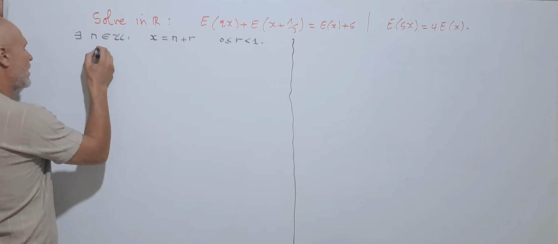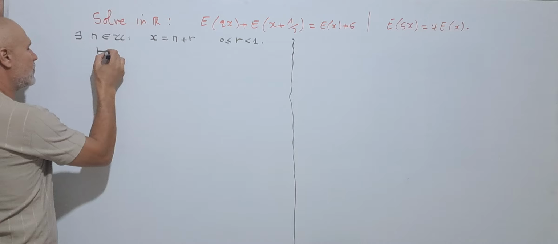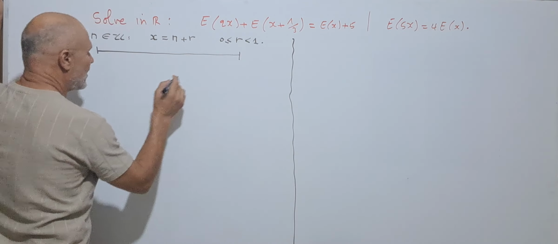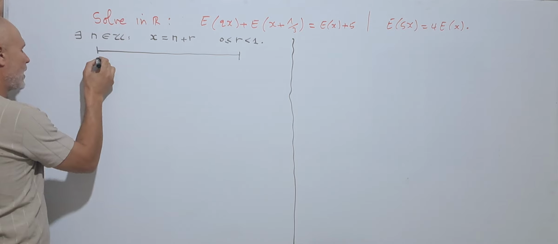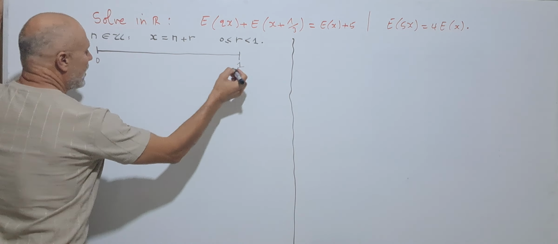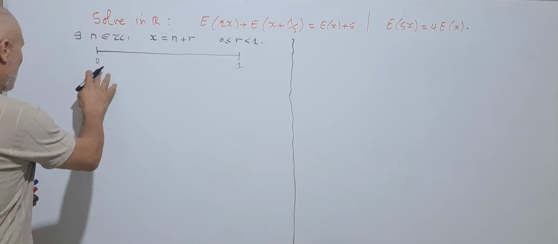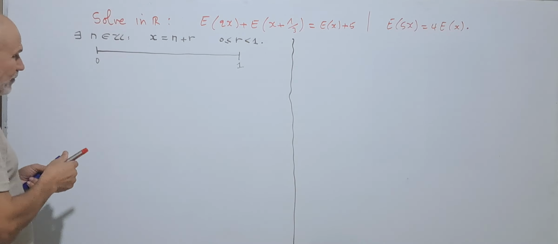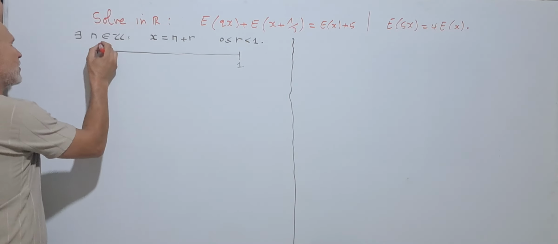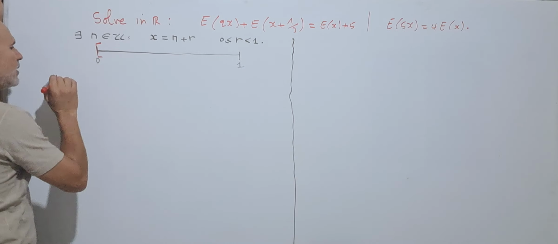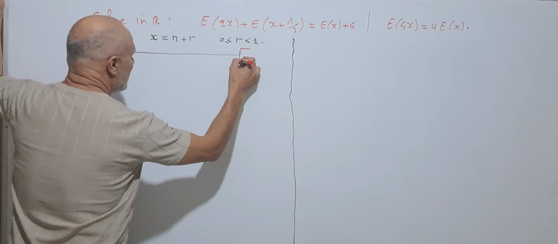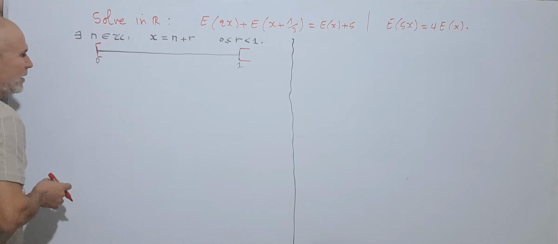Let us consider this as r. Here we have 0, and here we have 1. This interval is greater than or equal to 0 and strictly less than 1.